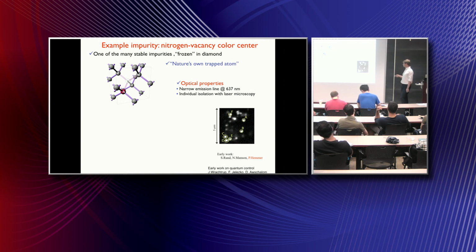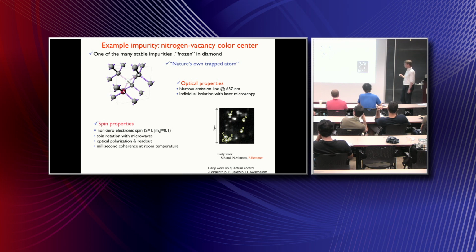These color centers, in particular nitrogen vacancy centers, can be detected optically, but they also have another important feature: they have non-trivial spin properties. In particular, in the ground state they feature a non-zero electronic spin. It's actually a spin triplet, there are 3 states, and you can rotate these spins by applying microwave fields.